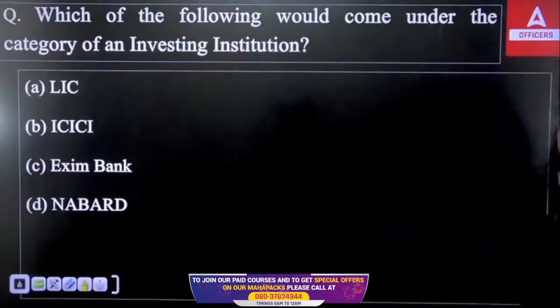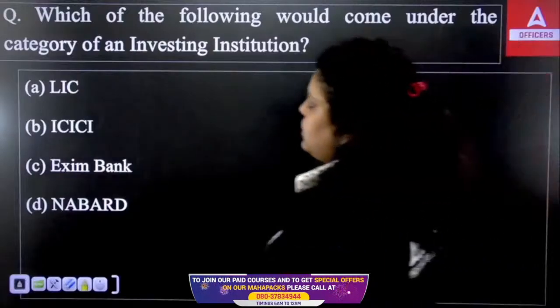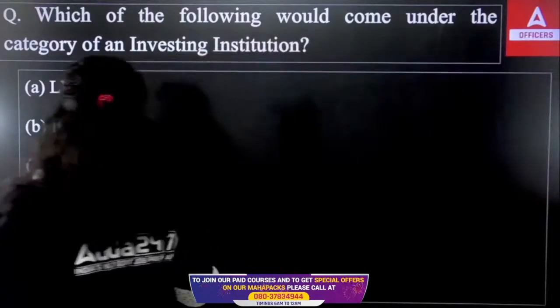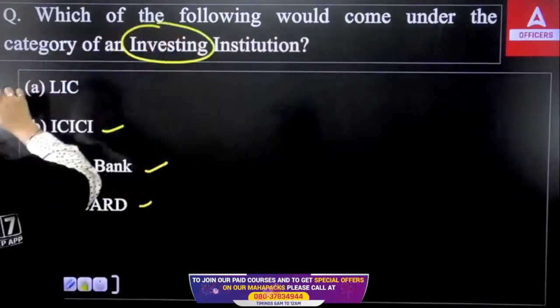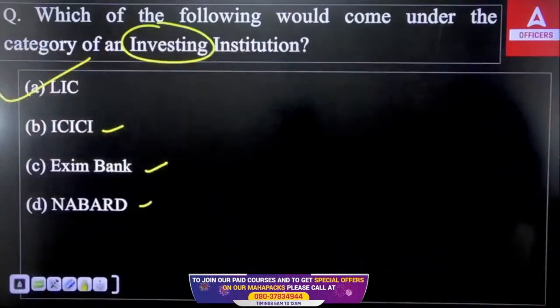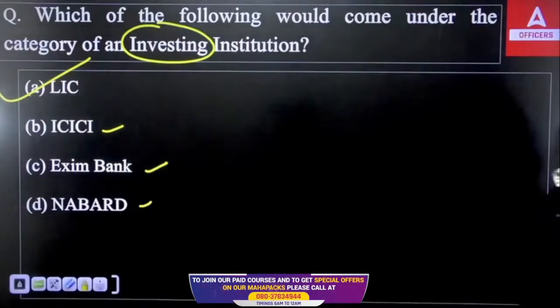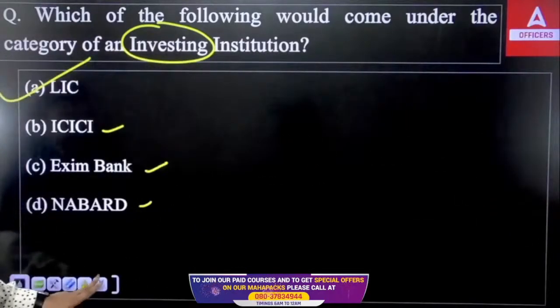What do you think, which of the following is correct? A, B, C or D. So NABARD is development financial institution, Exim Bank is development financial institution, ICICI is a universal bank, investing institution is LIC, Life Insurance Corporation. So right answer will be your A, LIC, option number A.